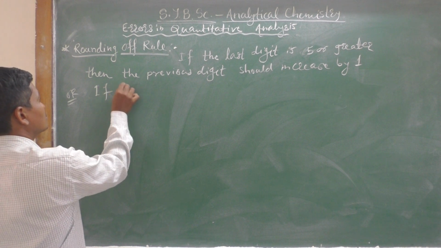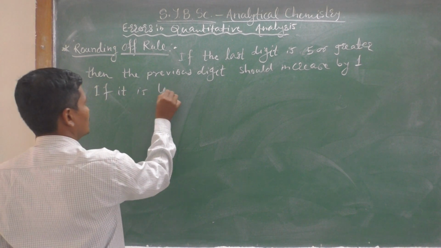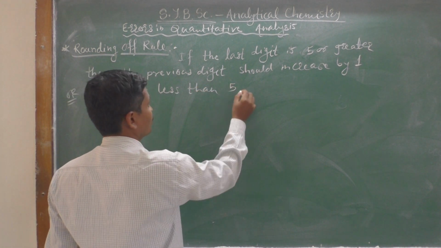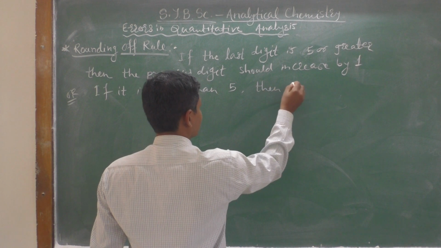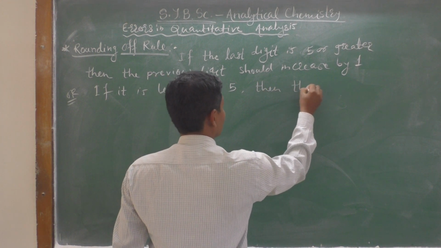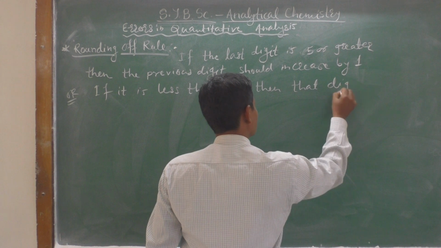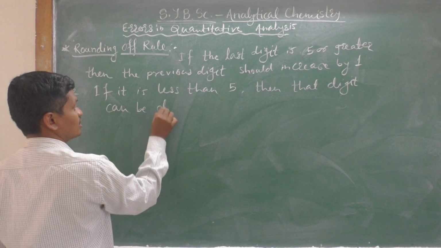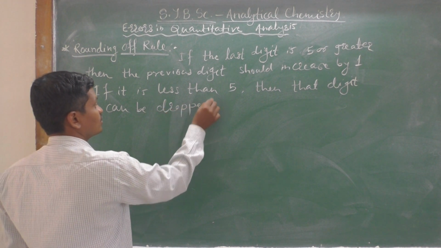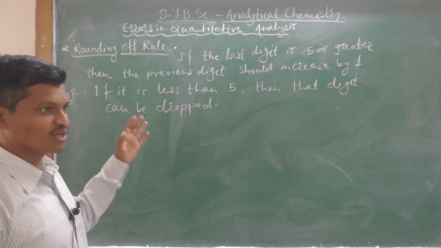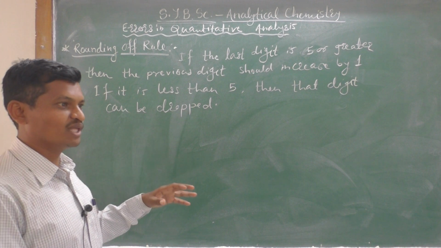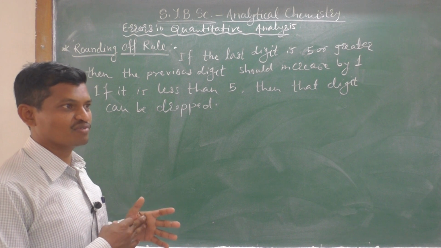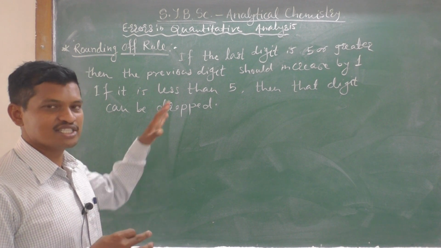If it is less than 5, then that digit can be dropped. So this is a very simple rule that is known as the rounding off rule. We are rounding off that result or value to a smaller number of significant figures, to a smaller number of digits. This is the rounding off rule.